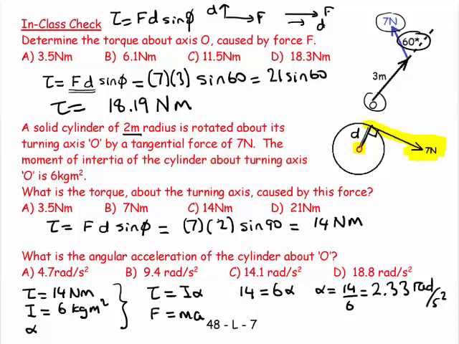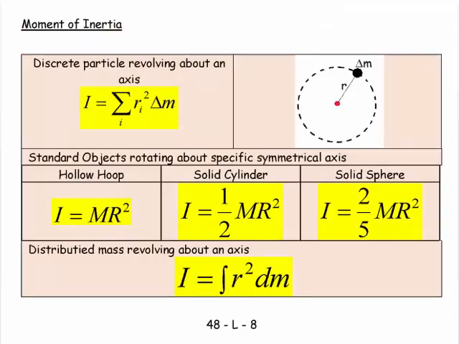Let's have a look at this next page. So here we're looking at moment of inertia. It's the inertia around a turning axis, and I can think of it here as here's a mass.